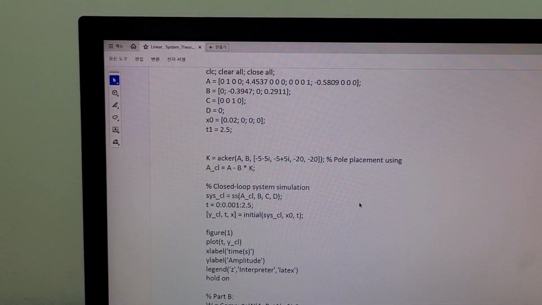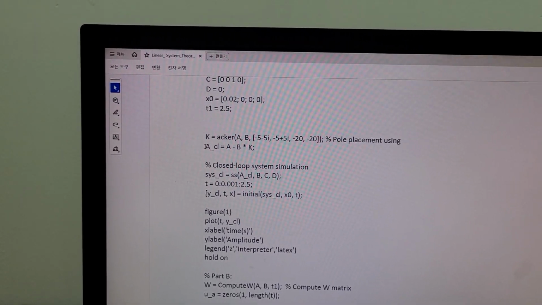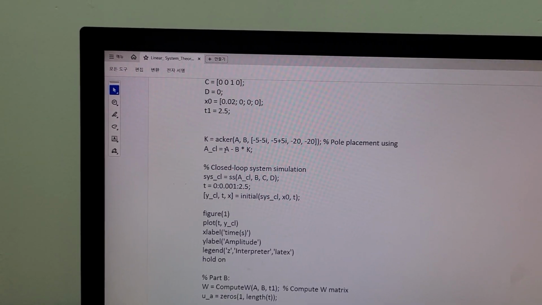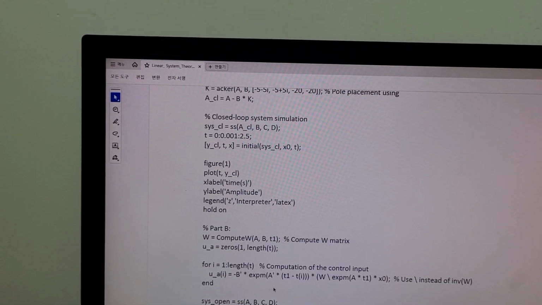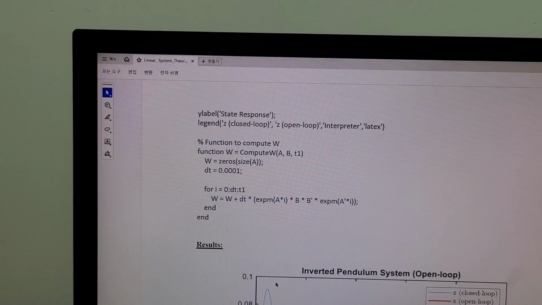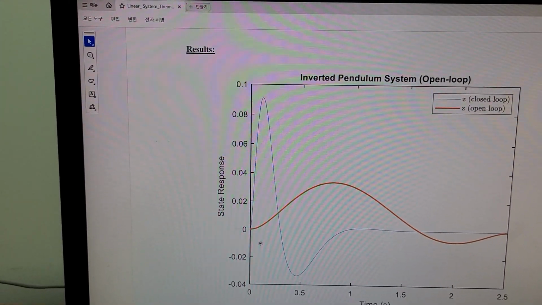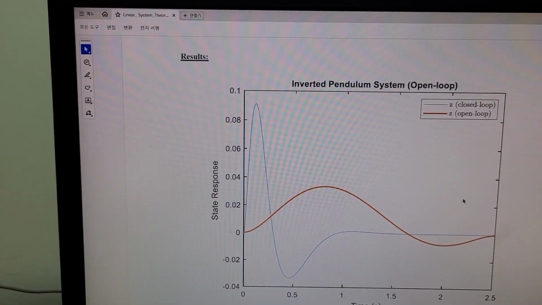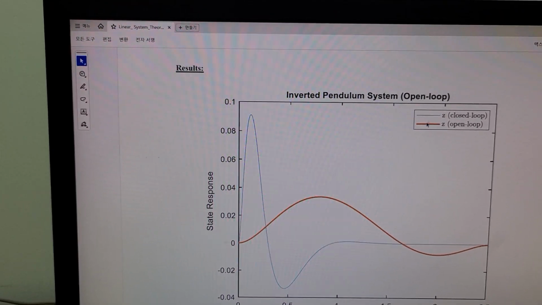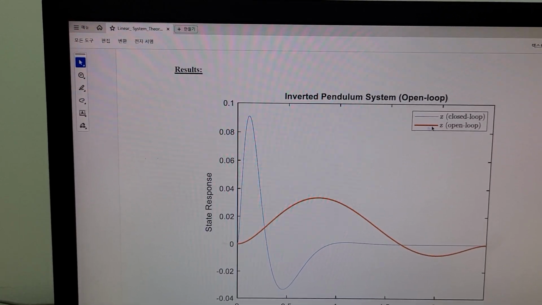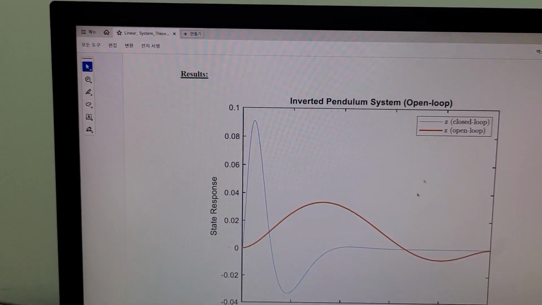The code is given for this, in which we first have the closed loop system, in the second part we have the open loop system, and the combined graph is drawn over here. In this graph, this is the closed loop system, and the brown one is the open loop system, and this is the cart displacement.